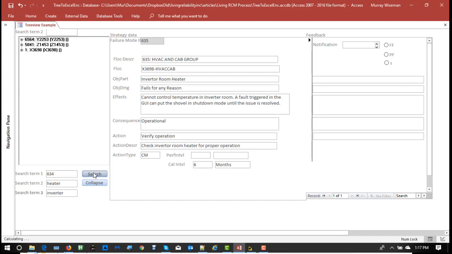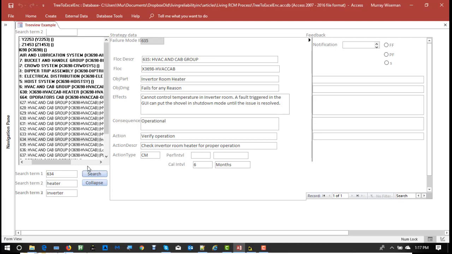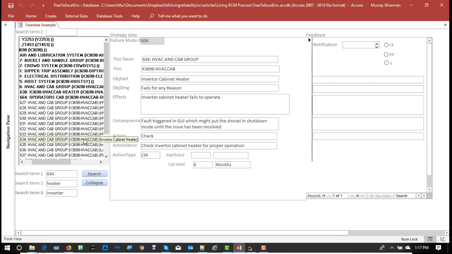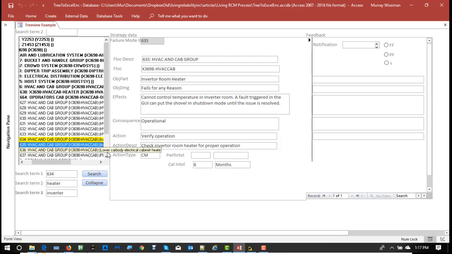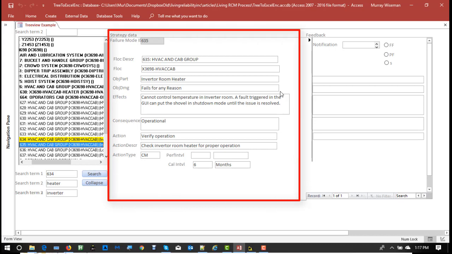The pane on the left contains the asset RCM tree view. The leaves represent failure modes that can affect asset performance. When a leaf node is selected in the tree view, the corresponding failure mitigating strategy will appear in the center pane.